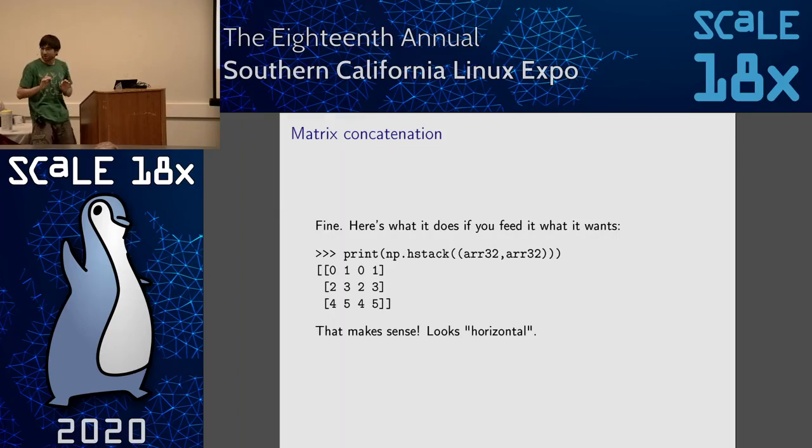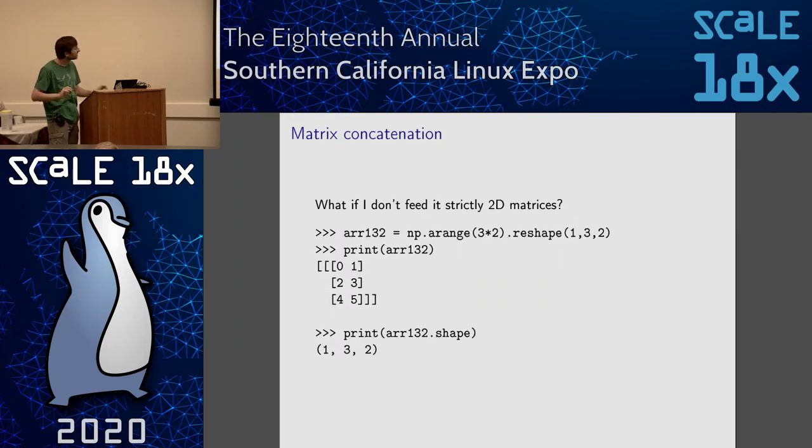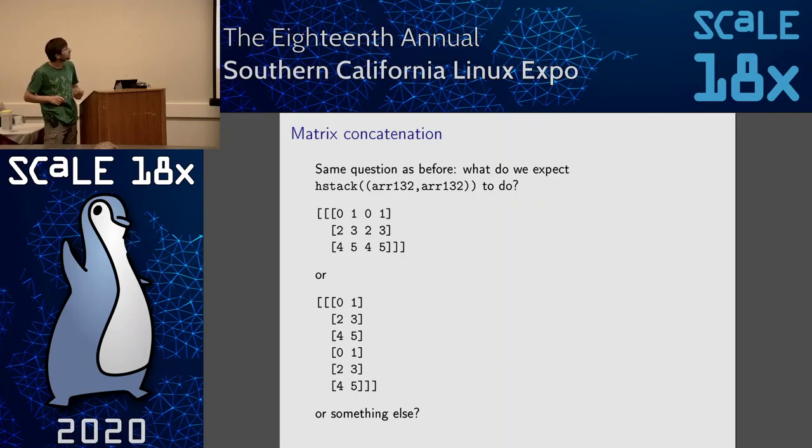Great. Okay, so let's extend this a tiny little bit. Let's give it 3-dimensional arrays. So I define an array of shape 1 by 3 by 2. This is a 3D array. It has one extra dimension on the front, and we can see that its shape is what we expect. And the same question: when we call hstack on it, do we get a nice horizontal concatenation that we expect?